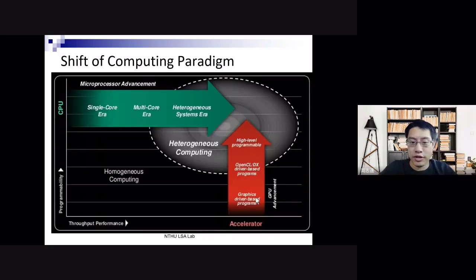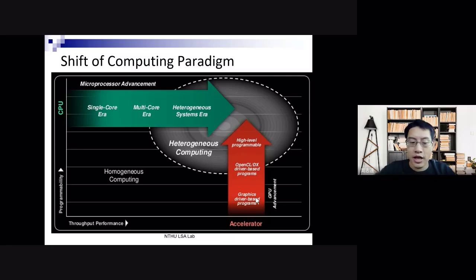And we said heterogeneous computing is very popular today because it reaches the best of two worlds. One is the CPU, which has very good programmability and flexibility, but its performance is bounded because its architecture is too complicated.